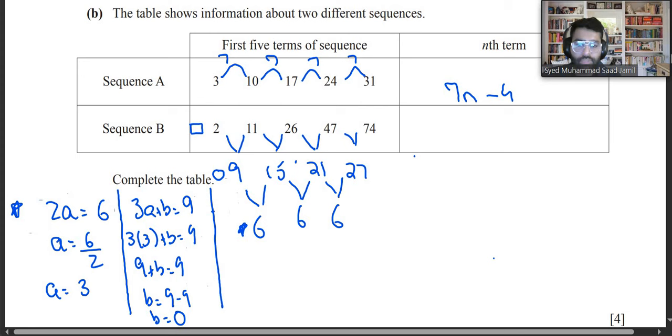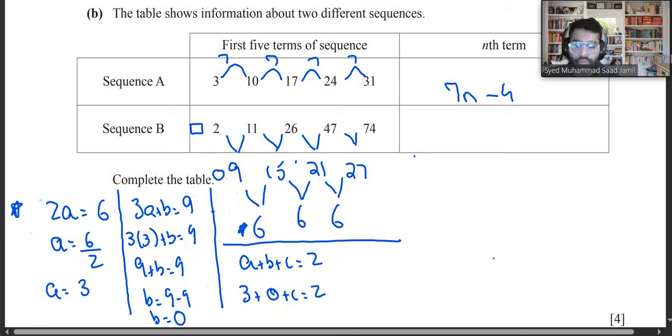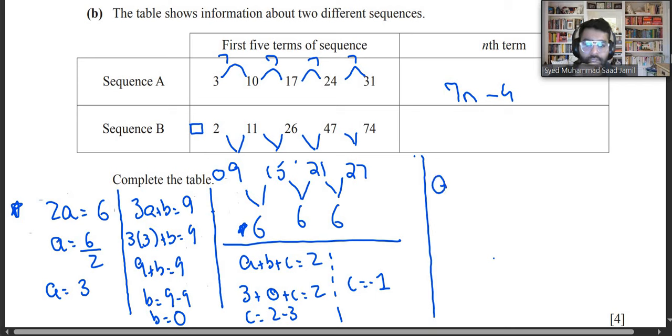And the last one actually is a plus b plus c is equals to 2. The value of a is 3, the value of b is 0, so c is equals to 2 minus 3. c is equals to -1. So your formula for this type of sequence is an square plus bn plus c.